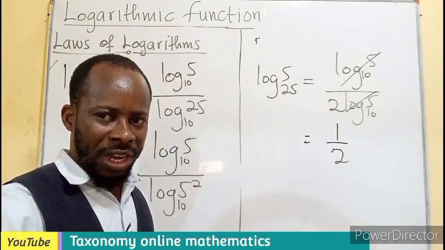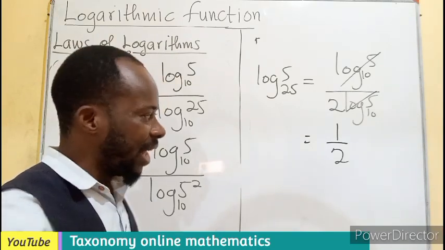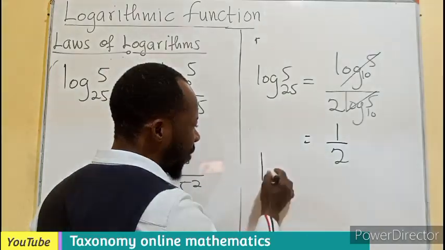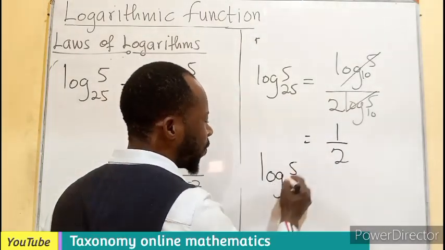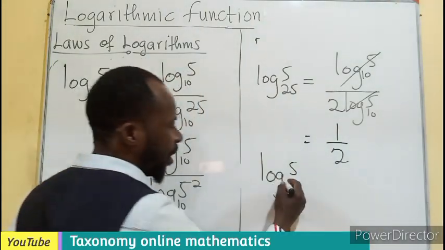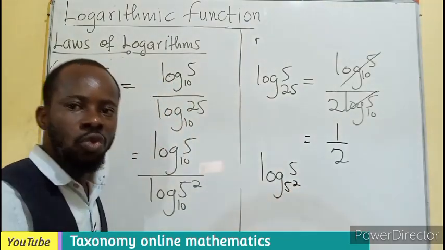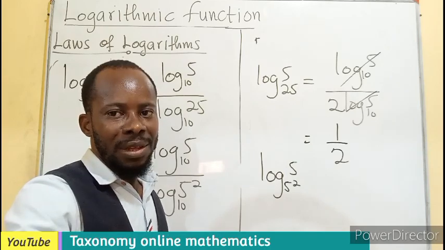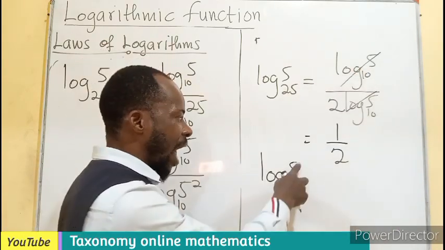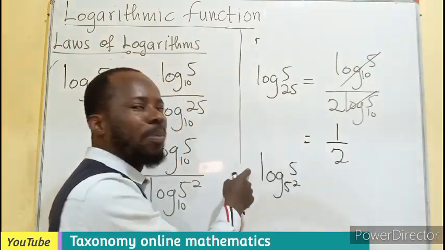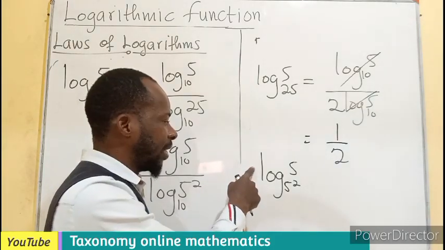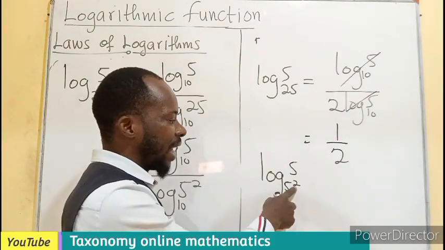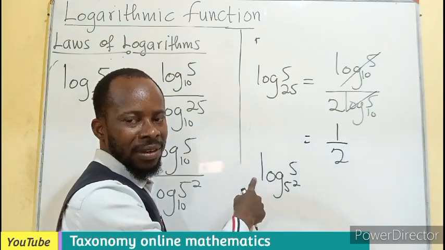Good. There is another trick when the base is a power. Let's prove that as well. So the log of 5 base 25 will be the log of 5 base 5 exponent 2. In this case, it is the base that is raised to the power, not the argument. When the argument is raised to a power, it comes to multiply. But here, it is coming to divide.